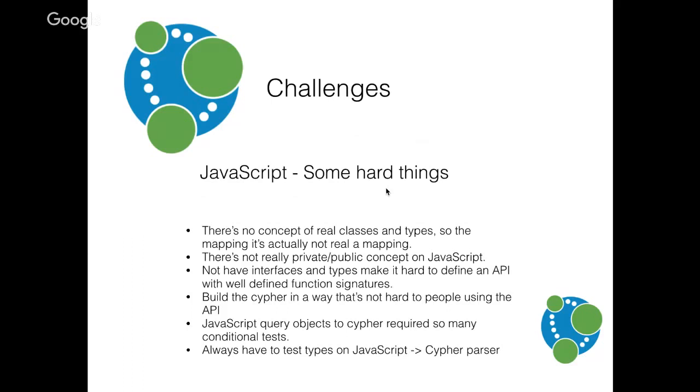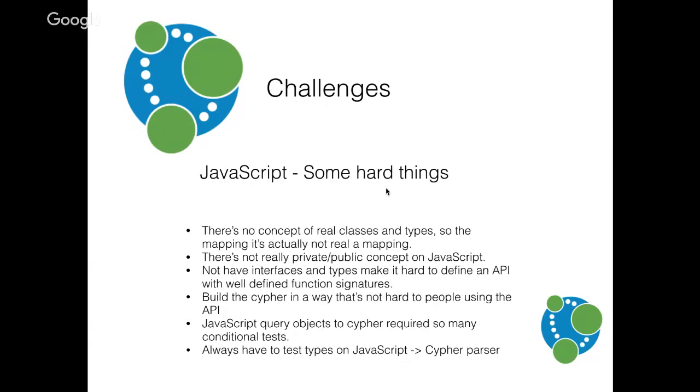Another problem was the concept of classes. That's not real classes and not having types. That's actually a little confusing. It makes mapping not look like mapping. So in OGMNeo, for example, we don't take the object and map it into a class type like person.